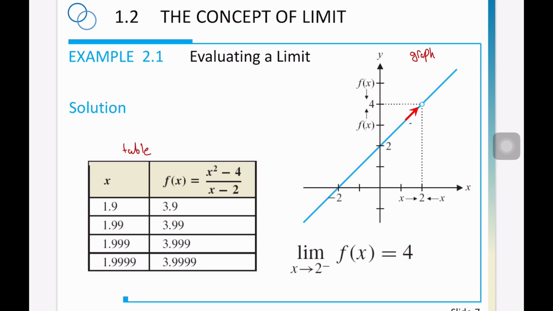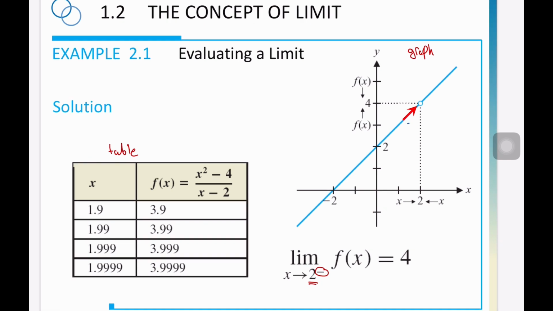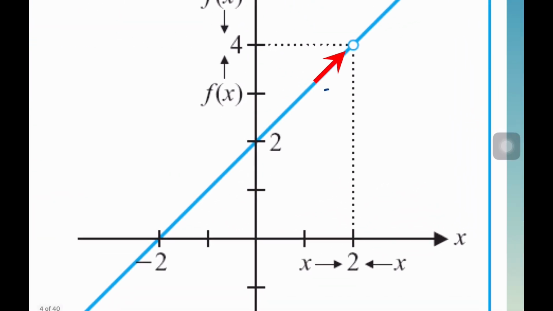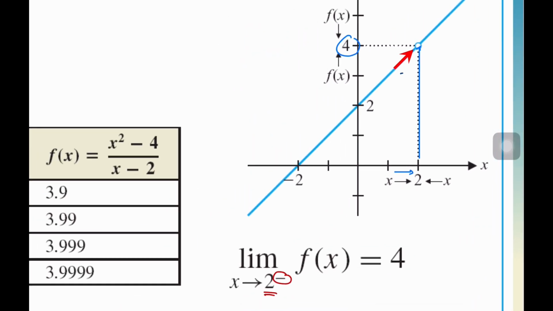So now we're discussing approaching 2 from the negative side. We can see here on the graph, as we're approaching 2 from the negative side, the value of f of x is also approaching 4. So the limit of f of x as x approaches 2 from the negative side is equal to 4.